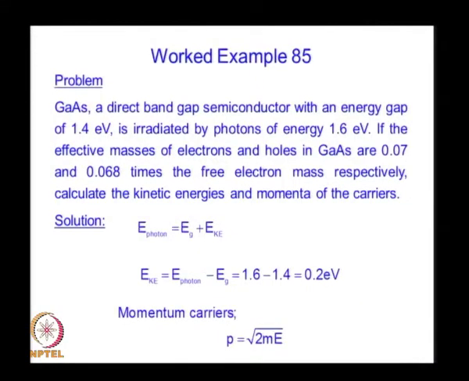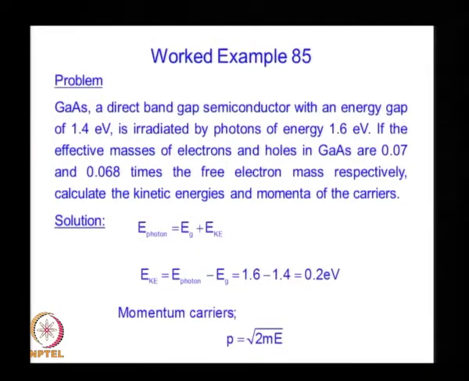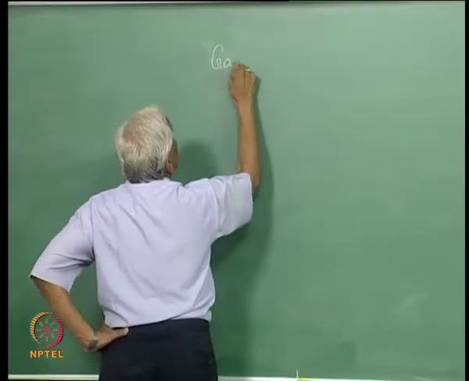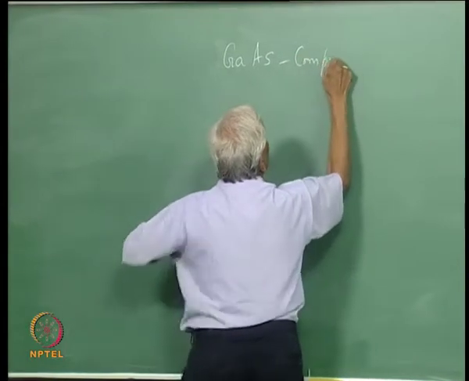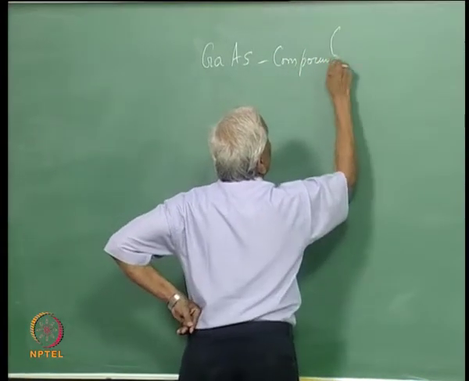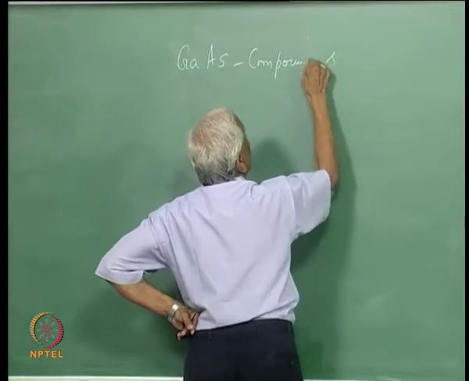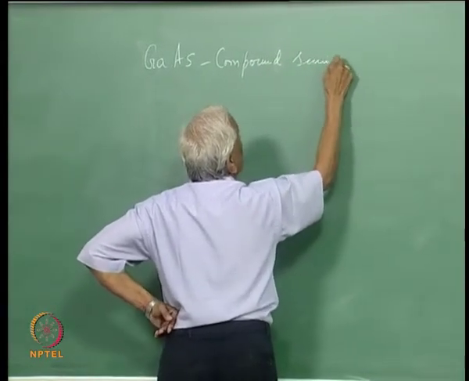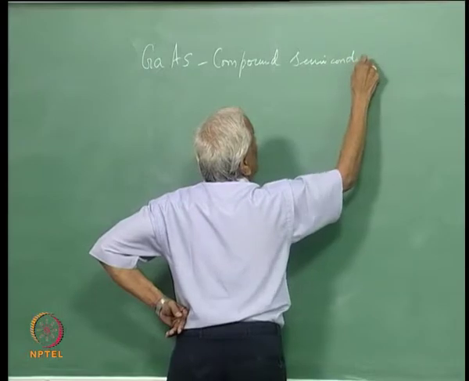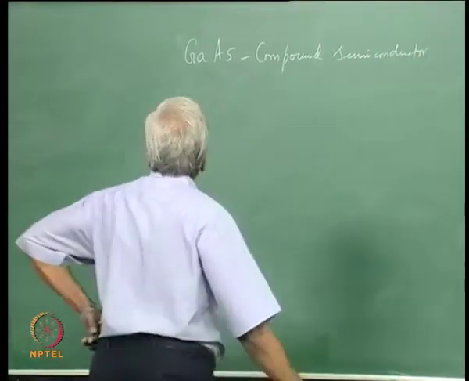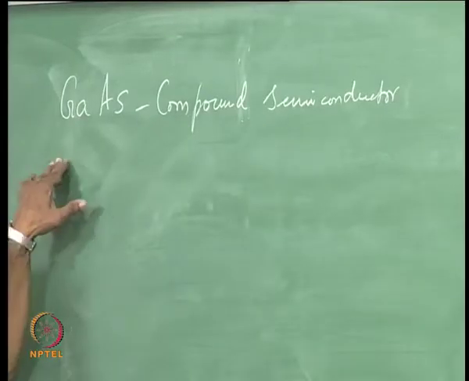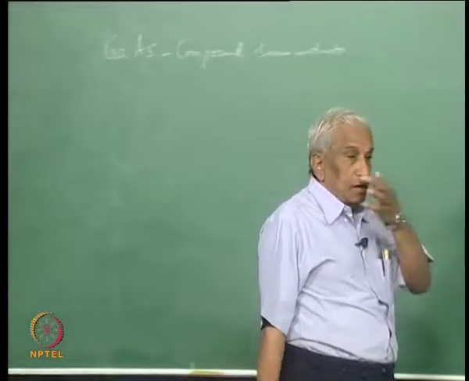Next, we pass on to the case of gallium arsenide. As we have already seen, gallium arsenide is a compound semiconductor with gallium and arsenic, gallium from group 3 and arsenic from group 5 in the periodic table.